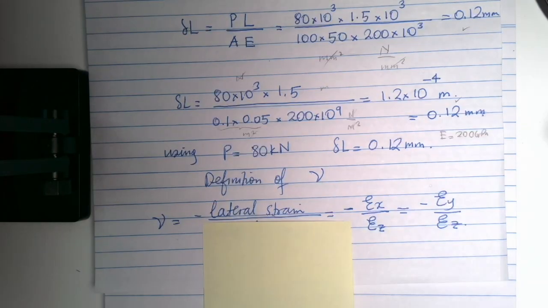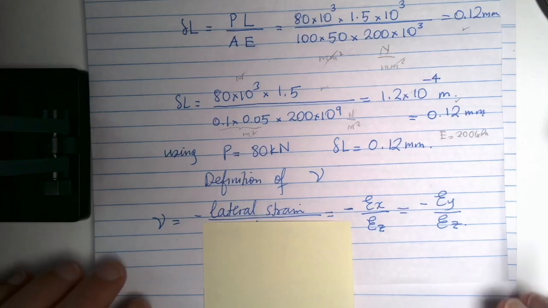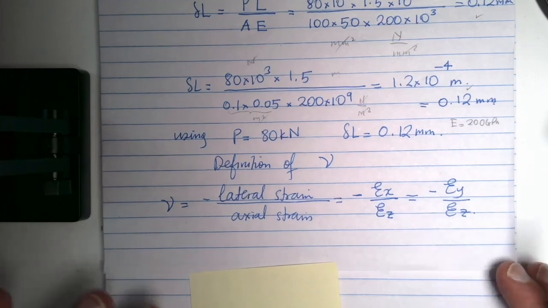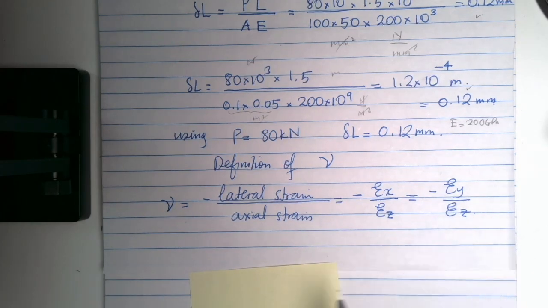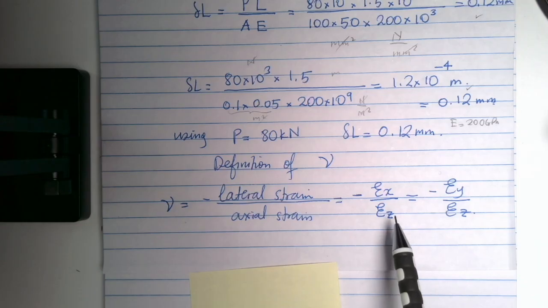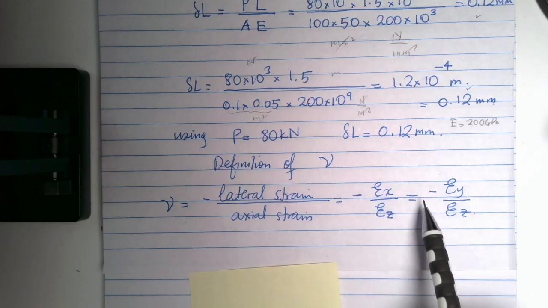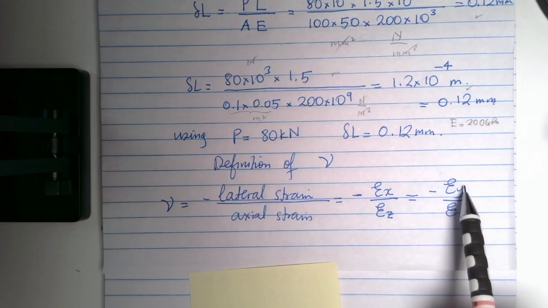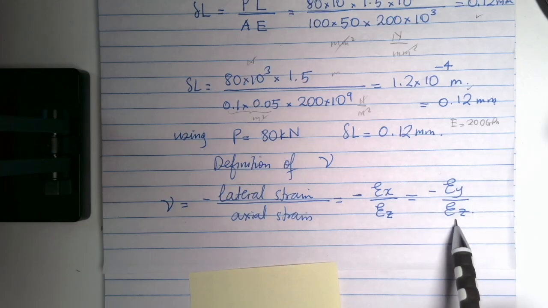Let's look at part B, which is the change in lateral dimensions of the specimen. So let's consider the definition of Poisson ratio, which is minus lateral strain divided by the axial strain. What are lateral strains? Epsilon x. What is axial strain? Epsilon z. Because of isotropy, that is equal to epsilon y divided by epsilon z.